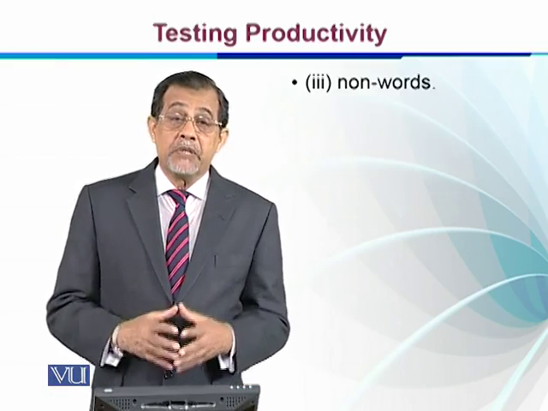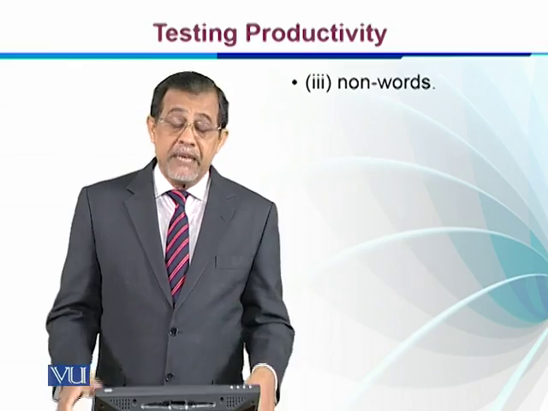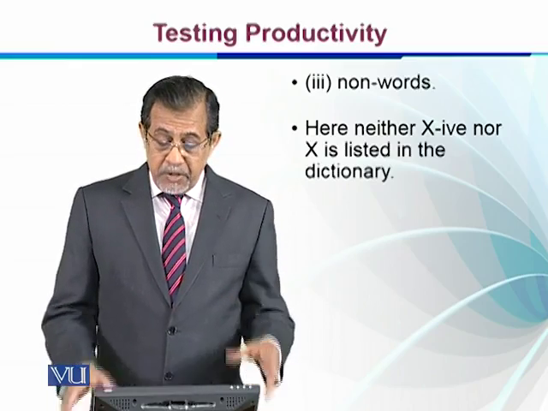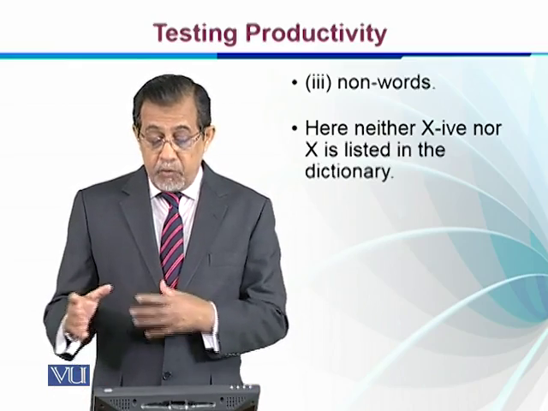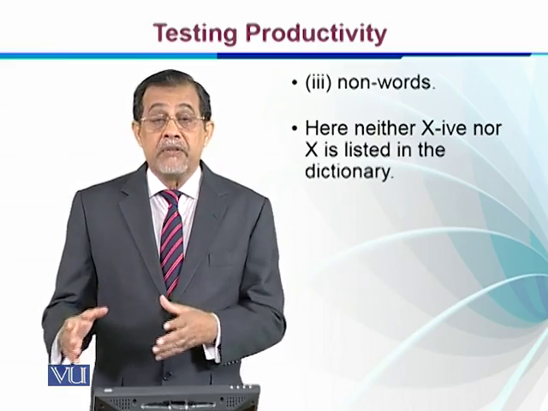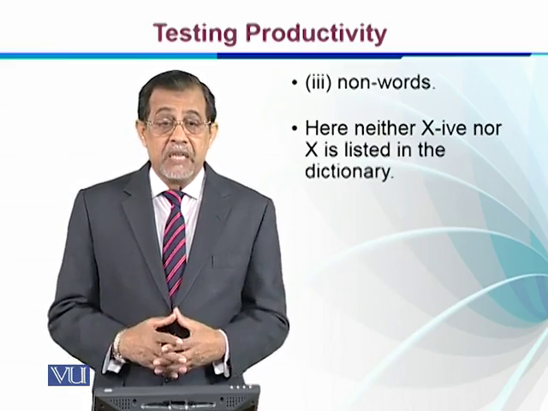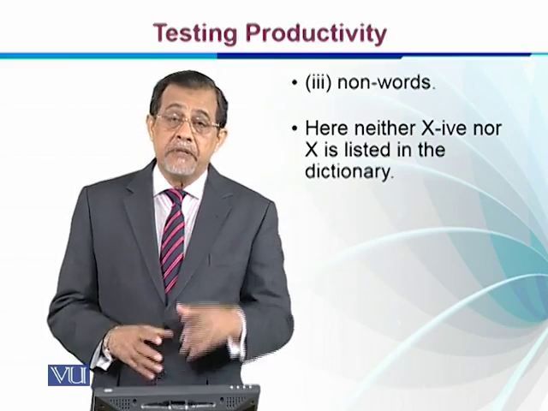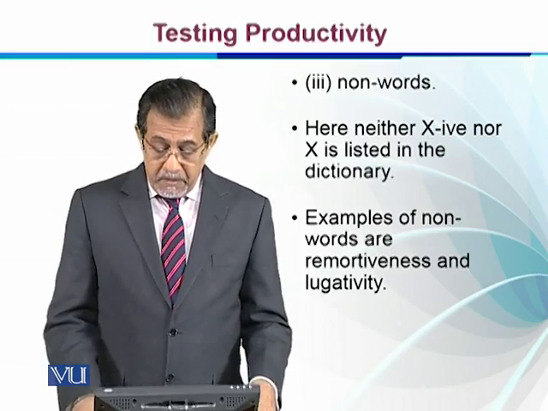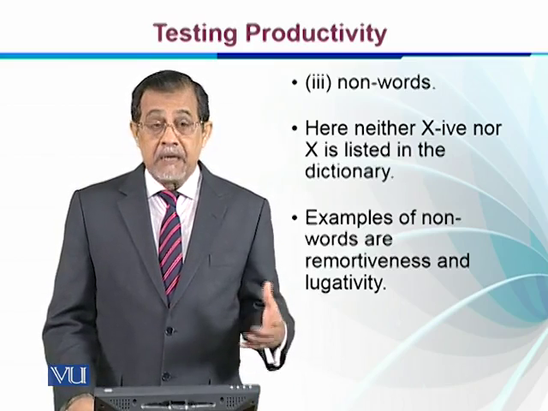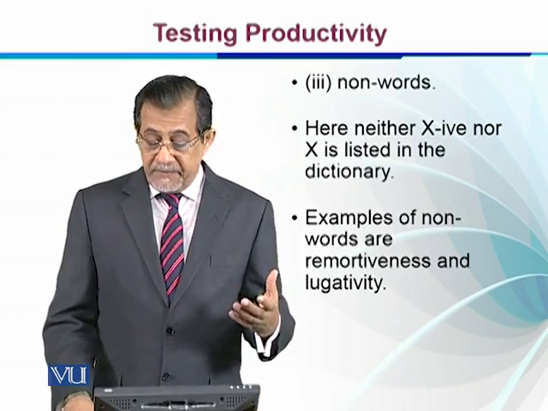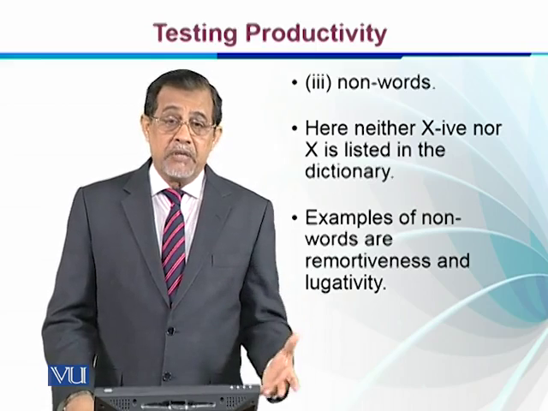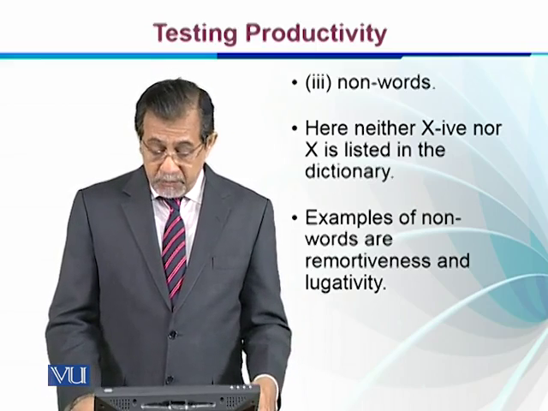And non-words, words which are not found anywhere. Here neither x-iv nor x is listed in the dictionaries. Examples of non-words are remotiveness and lugativity. These words are not normally used in language.